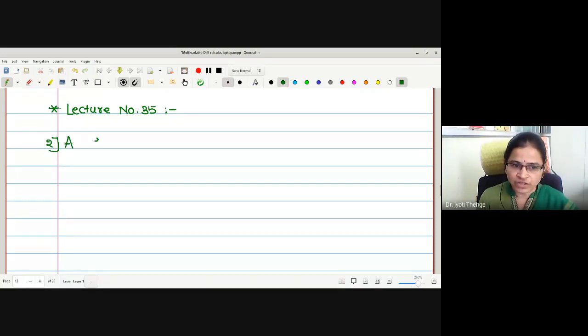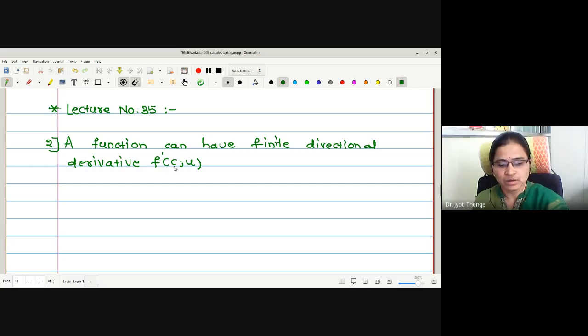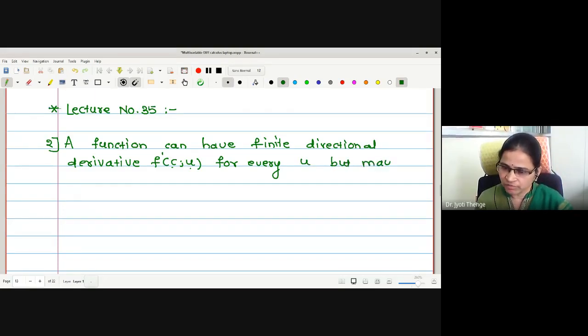Let me write this statement. A function can have a finite directional derivative, what is the notation we were using? f dash c semicolon u, the meaning being the directional derivative at the point c in the direction u, for every u, but may fail to be continuous at c.